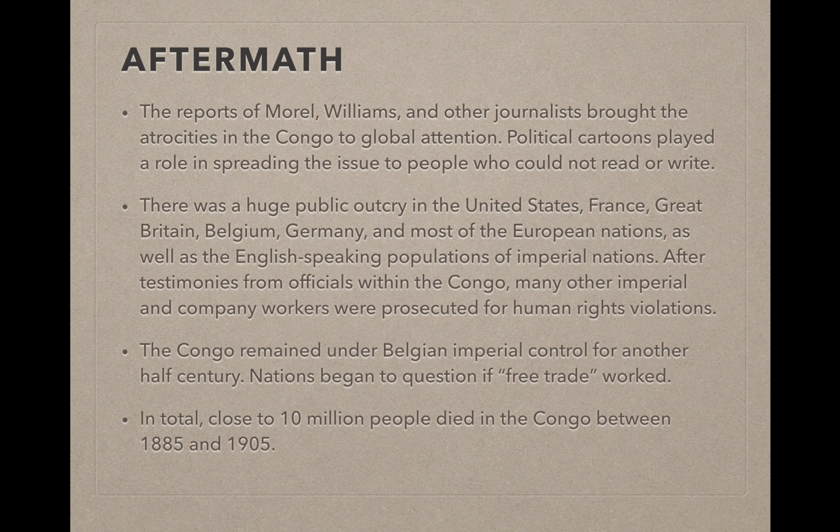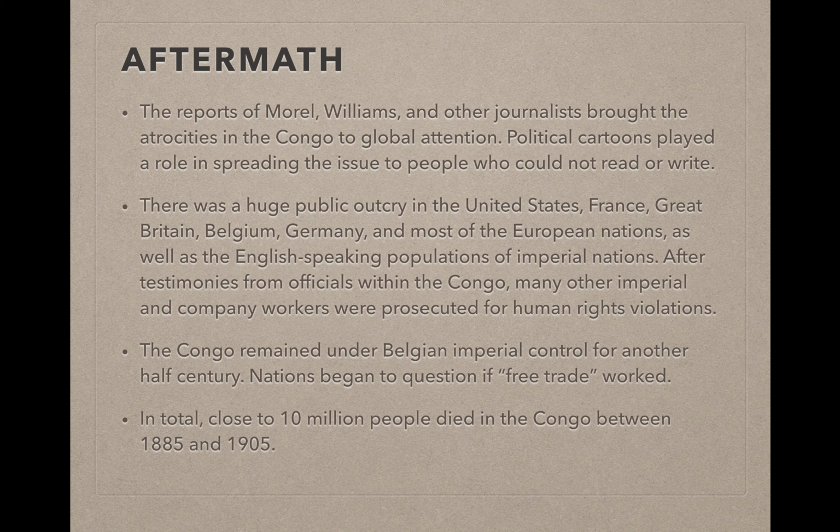You had then European and American governments that began to press the Belgian government, trying to get them to regulate what was going on and stop the atrocities. And many of these businesses that had been basically contracted by the Congo were prosecuted for human rights violations and sent to jail.